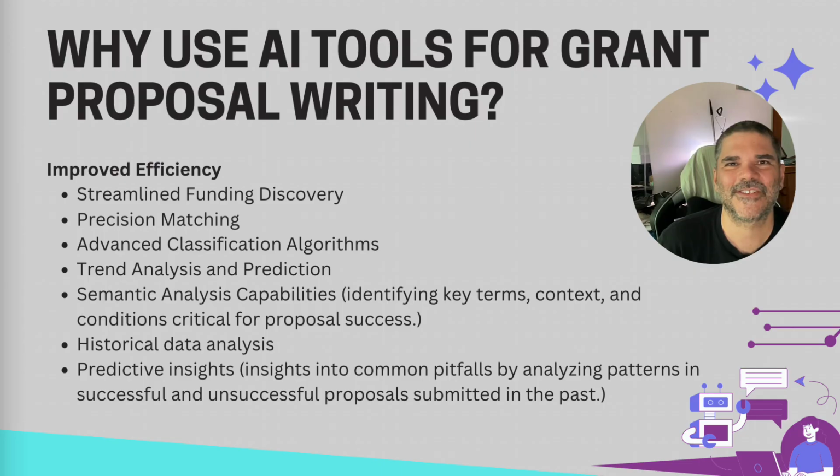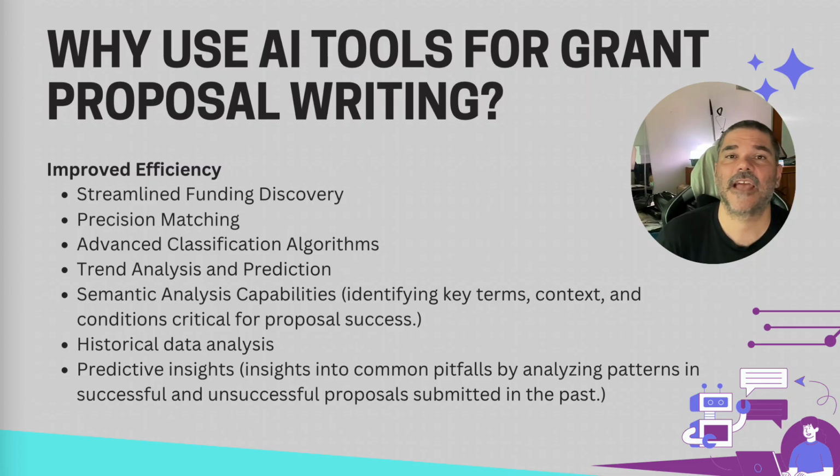We all want to cut down the time and the work that we're doing and make it more efficient. So, AI tools can help streamline funding discoveries. They can help match the precise details of what the funder is looking for and what your proposal has. You can use it to get some advanced classifications, help it to analyze and predict trends.